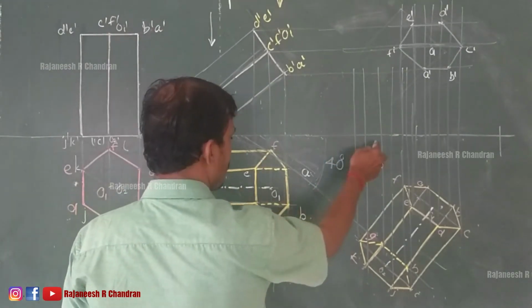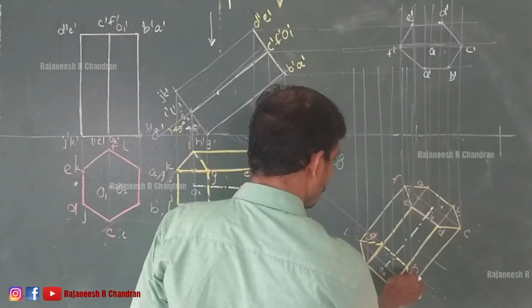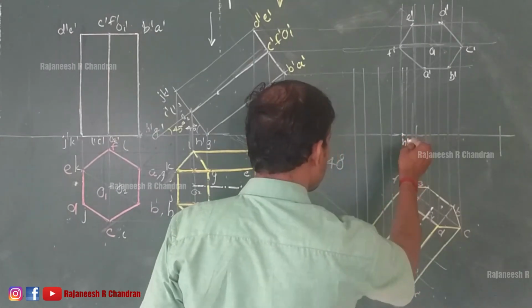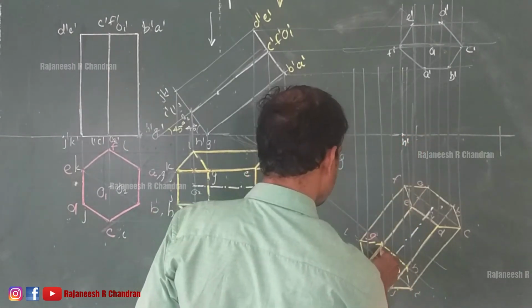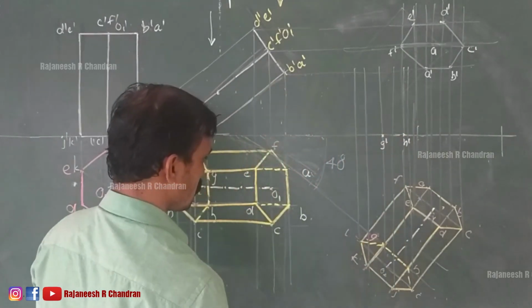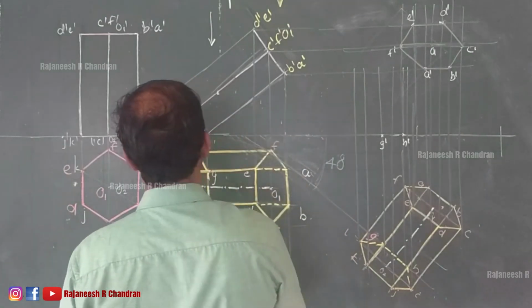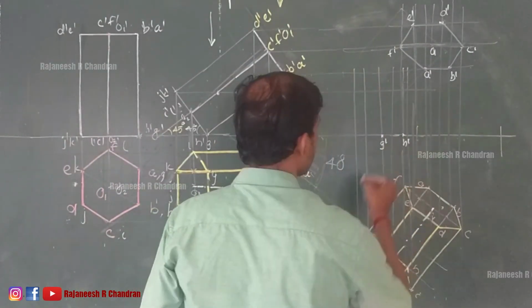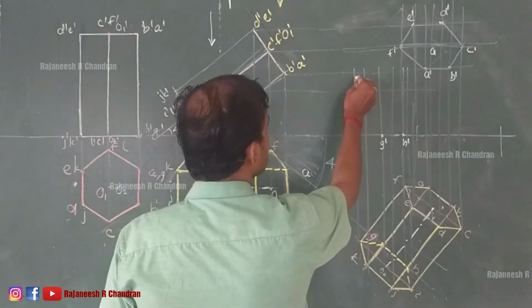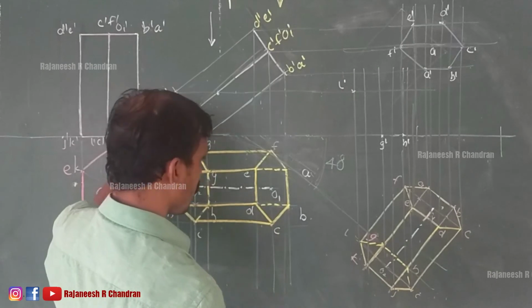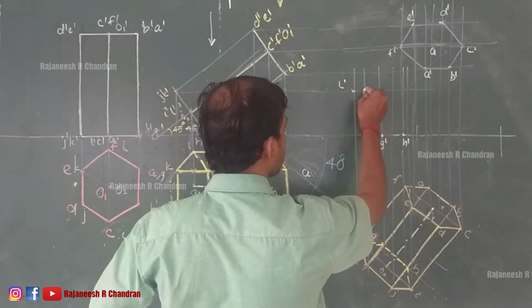Now this is H and G. So this is H dash. This is G dash. Now through J and K draw horizontal projectors. So this will be our L dash and K dash.